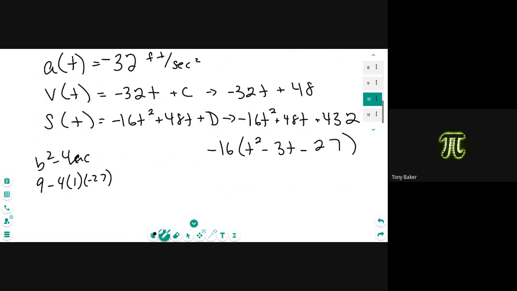Plus 9 is 117. So I've got negative 3 plus or minus the square root of 117 over 2. It's obviously not going to hit the ground at the negative version of this because that's going backwards. So then the correct answer would be t equals 3 plus the square root of 117 divided by 2.